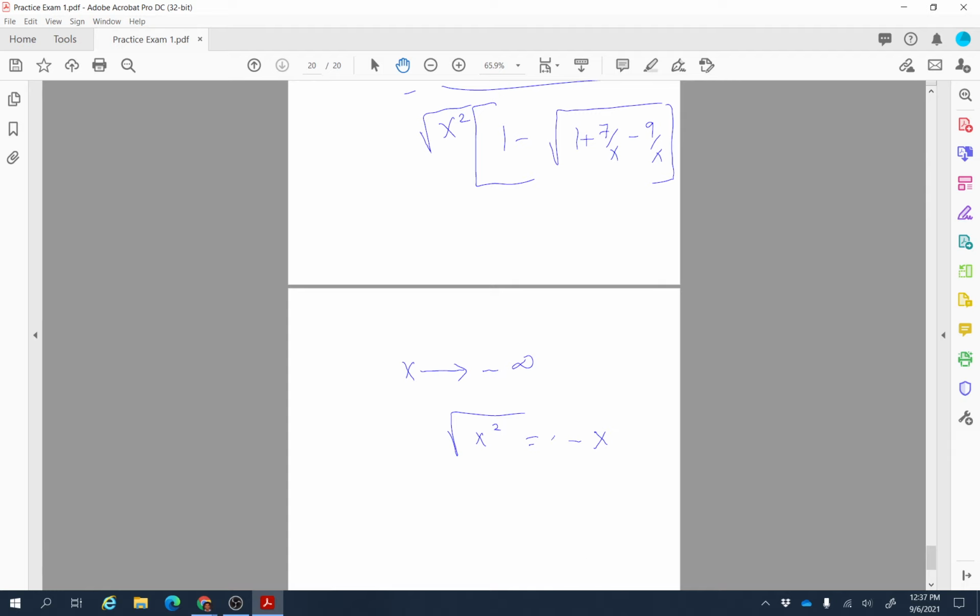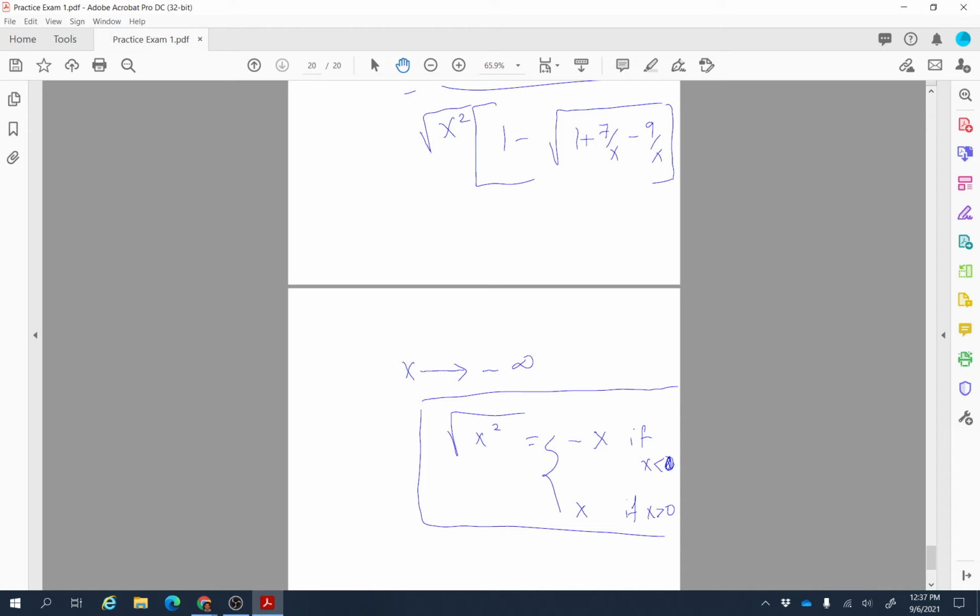The relation is: the square root of x squared will be negative x if x is negative, and it will be positive x if x is positive. Think about this: the square root of 4 squared will be 4. But the square root of negative 4 squared will be negative times negative 4, which is eventually positive 4. So the square root of x squared is negative x if x is negative itself.